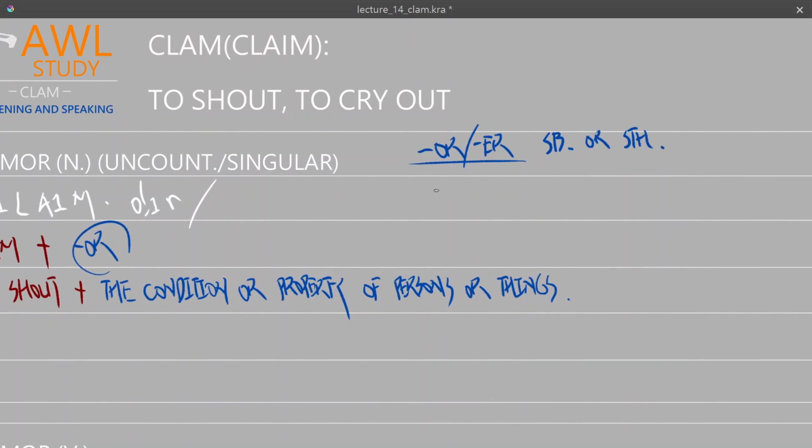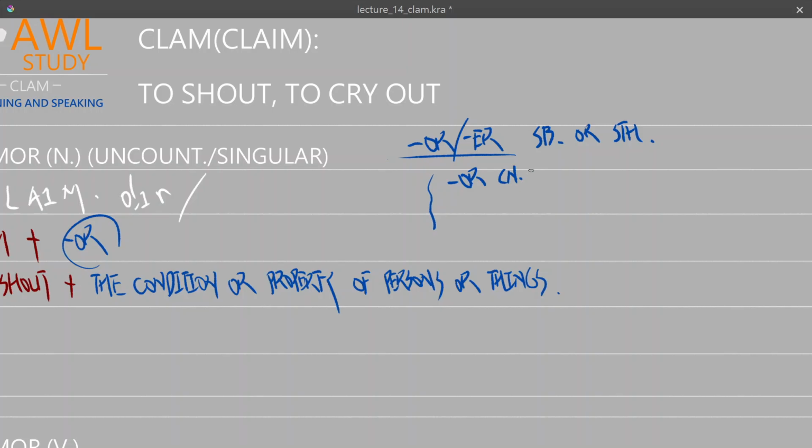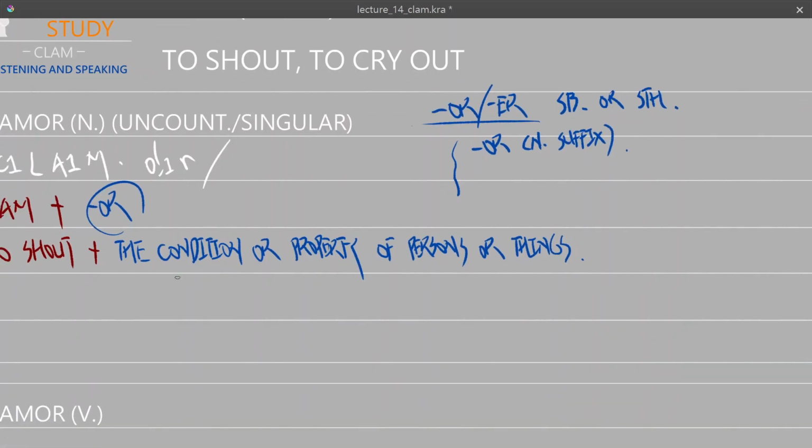The noun suffix -or means the condition or property of persons or things.